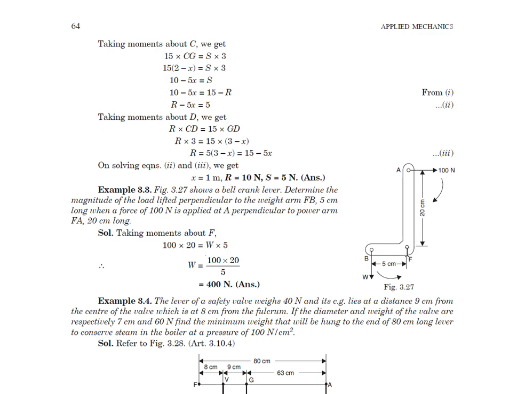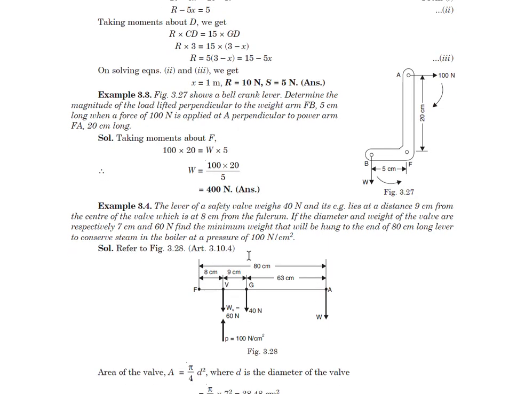Now it is hinged at point F, and when you apply a force of 100 Newton at point A, this is to be balanced by weight of W given at point B. Now simply in this case we have to take the moment about F. Okay, so 100 into the perpendicular distance between A and F, which is 20, and the moment of W is W into 5, which gives you this equation, and you can find out the moment.